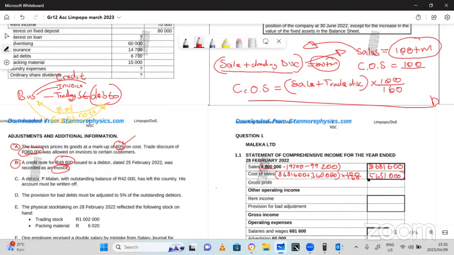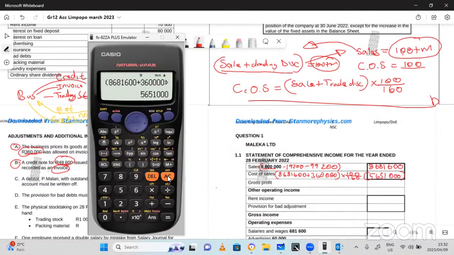We put it in brackets because we have to separate it. Then again, you take that 8,681,600 and subtract the 5,651,000.